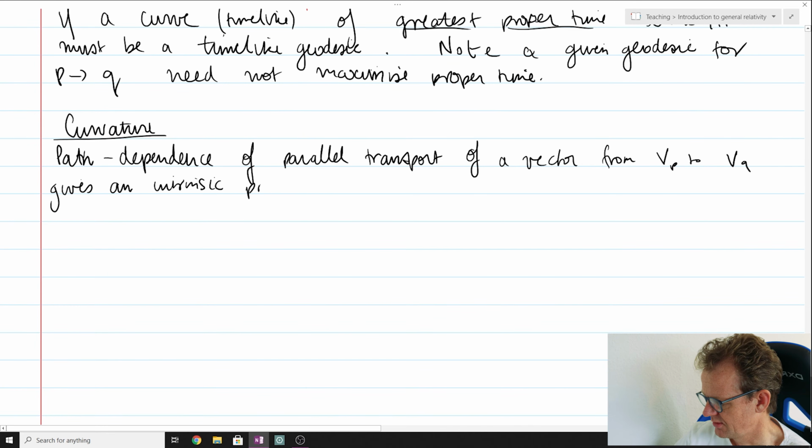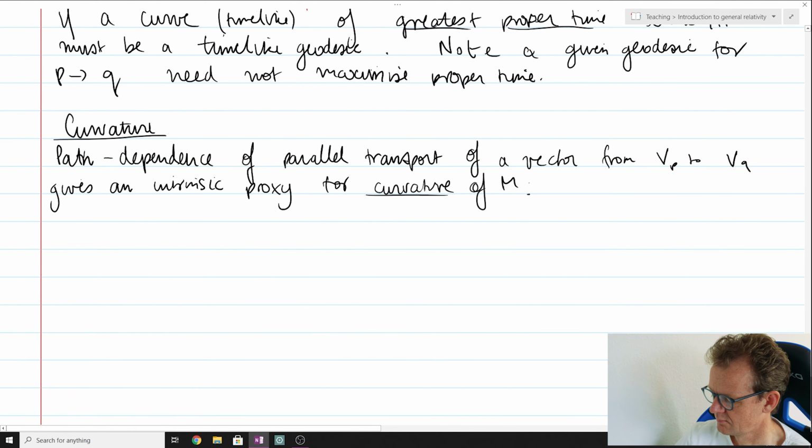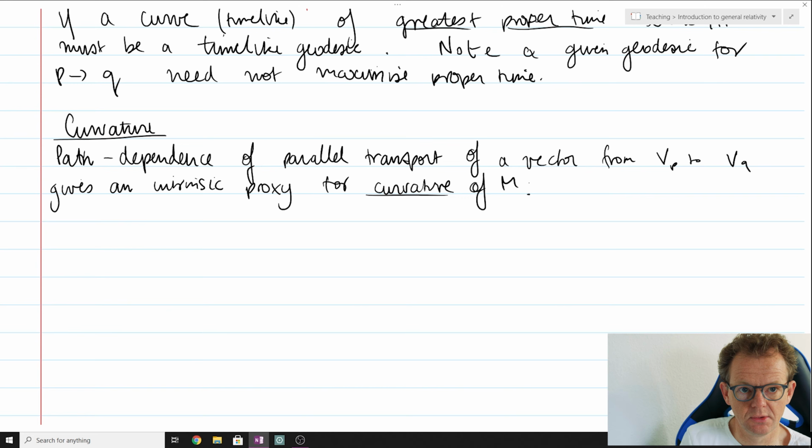It's an intrinsic proxy or signature for curvature of M. And that's the main observation that forms the basis for the Riemannian characterization of curvature of manifolds.